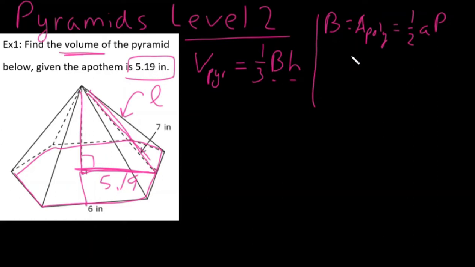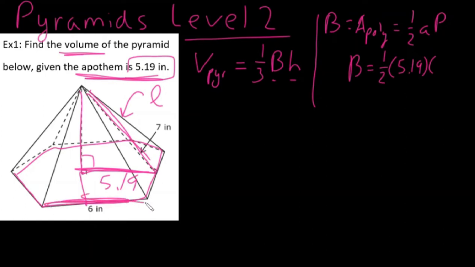So let's go ahead and start filling it in. Our area of our base is equal to 1/2, or if you're using your cell phone calculator, you can think of it as 0.5, times the apothem, which we were given as 5.19, times the perimeter, which is the only thing we have to calculate here. I see that this one side is 6 inches long, and perimeter is where we add up all the sides.